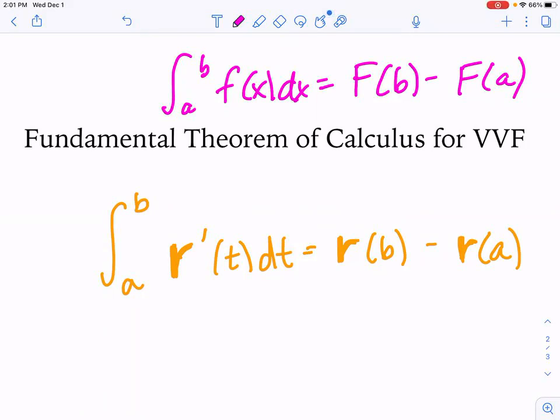We can still use the fundamental theorem of calculus.